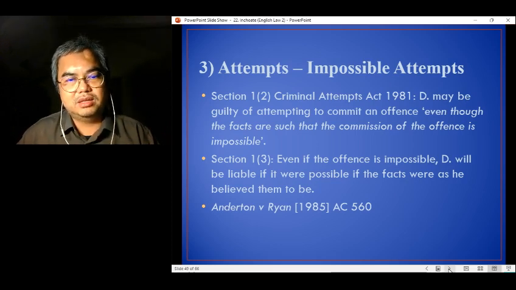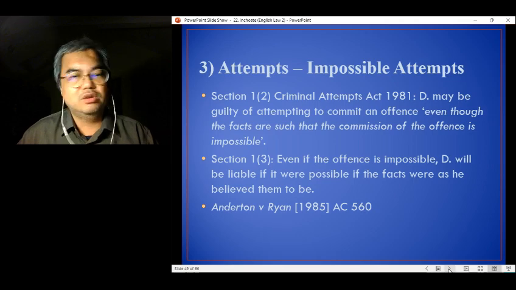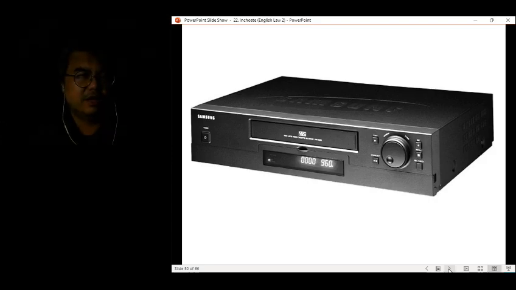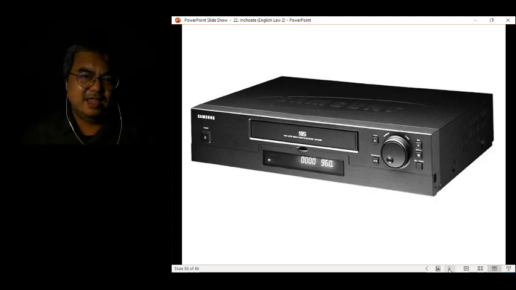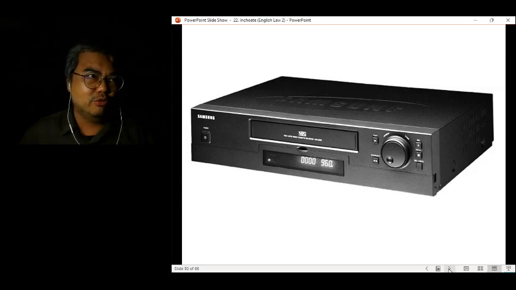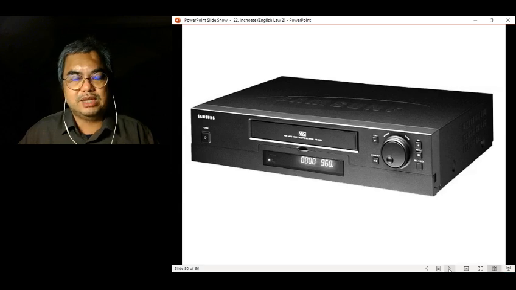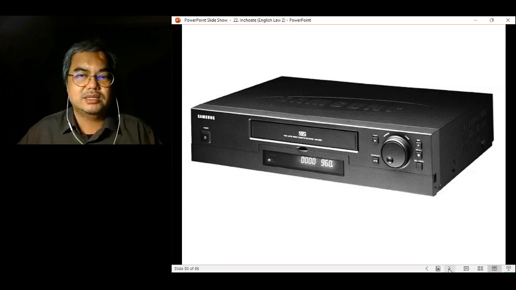In the case of Anderton and Ryan, the accused bought a video player, something which you may not know. Basically, it's like a DVD player or a Blu-ray player, but in those days, it's a video player. It plays video tapes instead of DVDs or Blu-rays.